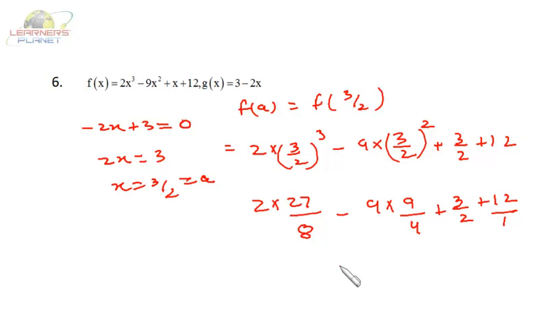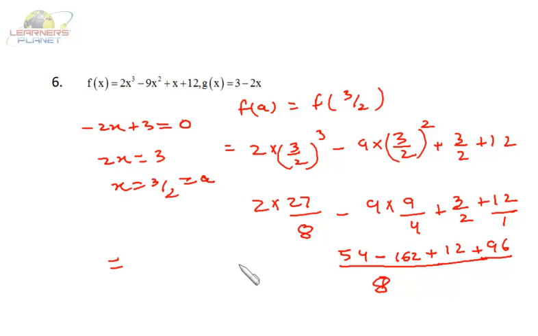Now let's take LCM. It's 8. 2 into 27 is 54, minus 4 into 2 is 8 and 2 into 81 is 162, plus 4 3s are 12 and 12 8s are 96.